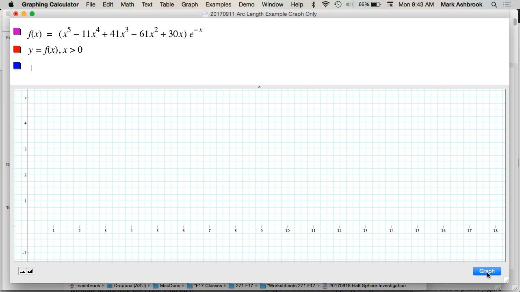Okay, yeah, we derived this accumulation of arc length formula. To get an accumulation of something, we need its rate of change.